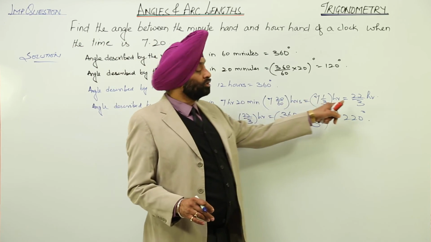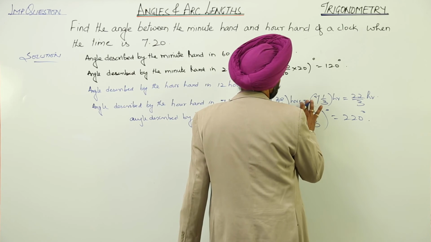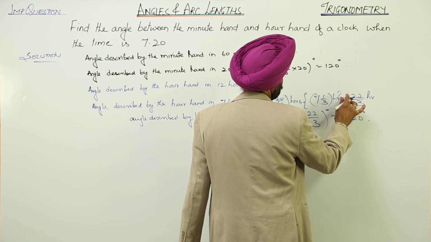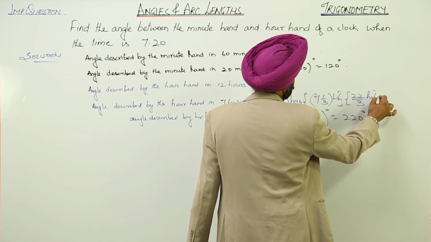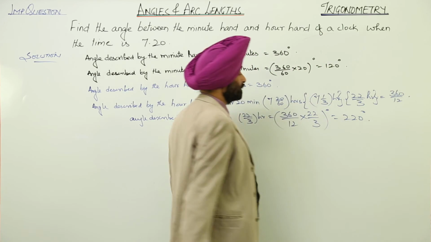You can just go through like this, or you can just write it, one and the same thing. Is it clear?